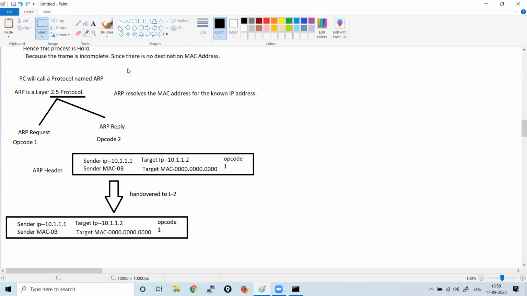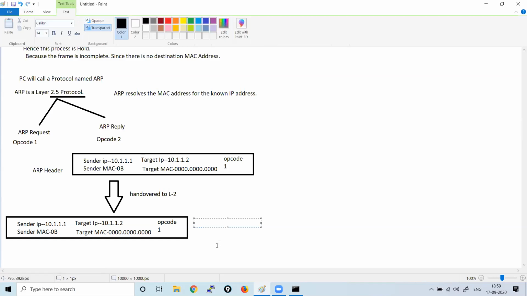Now this ARP is handed over to layer 2. Along with this one, what is the thing which is encapsulated in layer 2? Source MAC. Correct. Always in layer 2, the source MAC would be there.